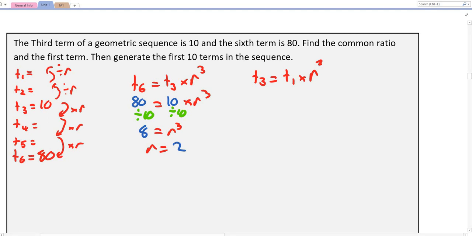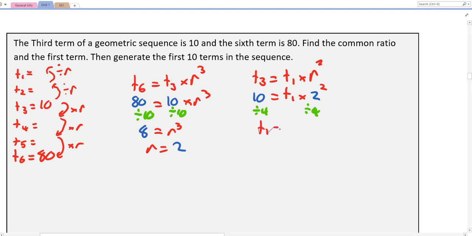Then I can sub in my values: T3 is 10, and R is 2. I know 2 squared is 4, so I'm just going to divide both sides by 4, which is the exact same thing as doing it visually.